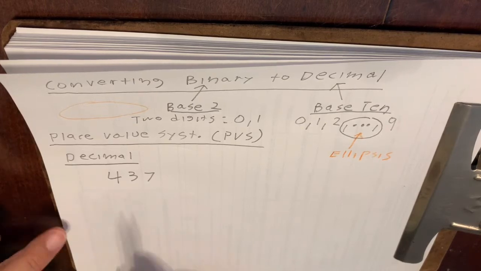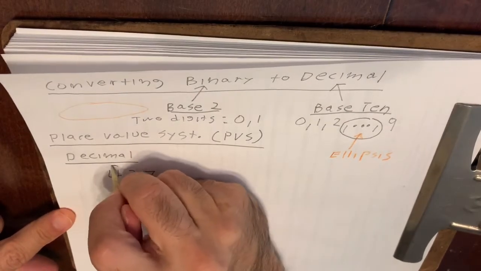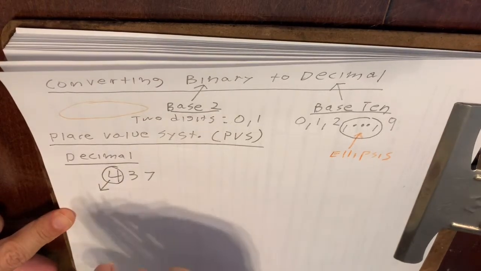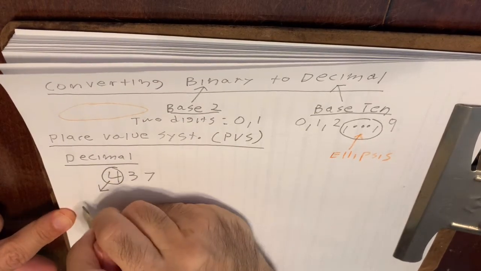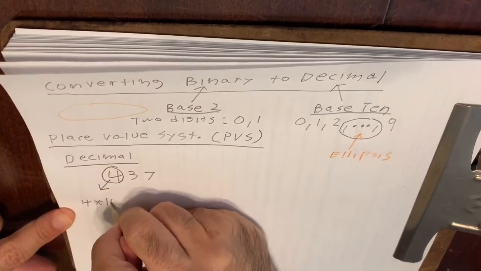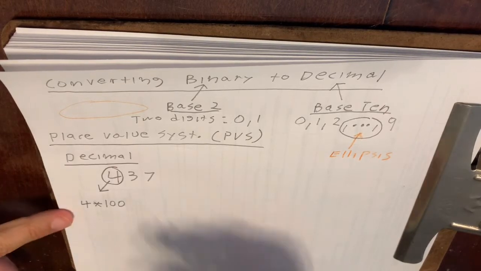So you would read this as 437. This 4 is not actually a 4. This 4 is a 4 in the hundreds place. So this 4 actually means 4 times 100. That's what it really means. It doesn't mean 4. It means 4 times 100.